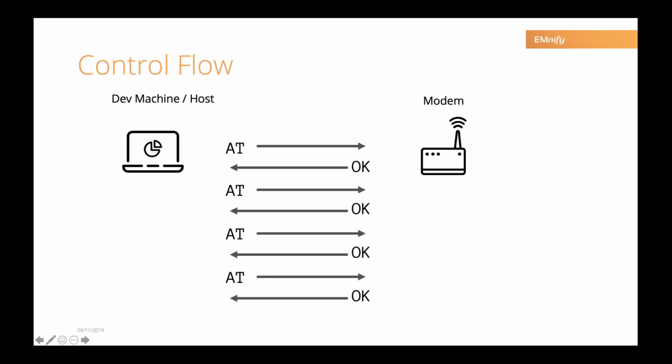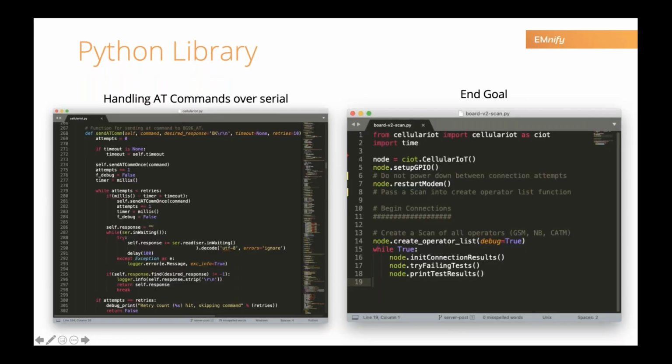So the control flow is very simple. You have some AT commands being sent to the device, and the modem is responding. So ideally what you want is something that looks like this, where I know that looks like there's a lot going on the left-hand side, but this is basically, you have a Python method that says, send this AT command over serial, wait for the response and tell me what it is.